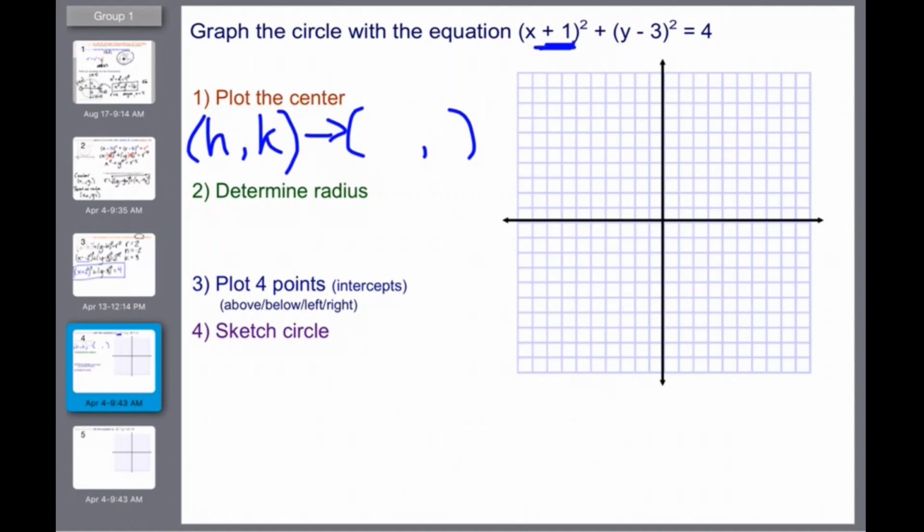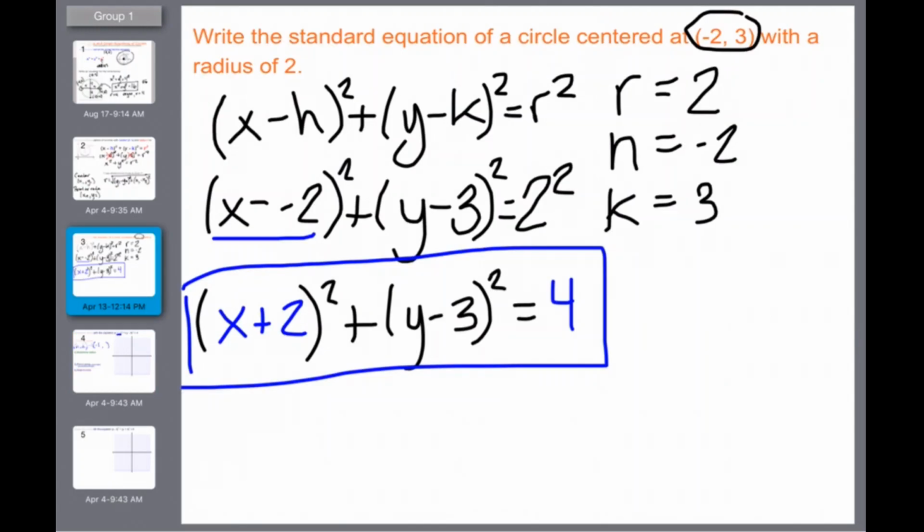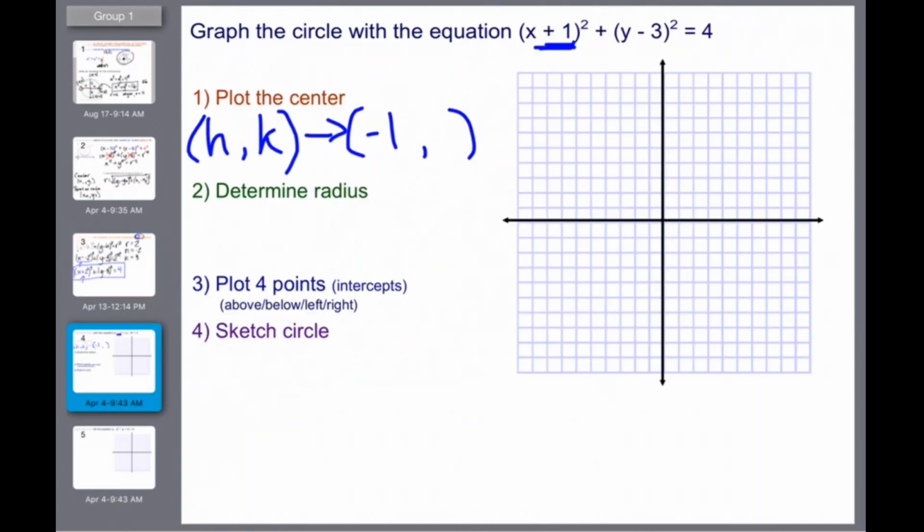We have a +1, so this will be -1, because remember our formula is x minus h, not x plus h. In order to get that plus in our equation, it would have to be a -1. Like with this problem here, we had x minus x2, which then turned into a plus, because we had the -2 to begin with. So now we're just working that backwards.